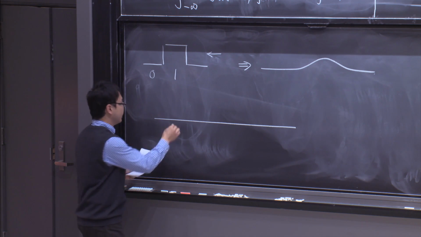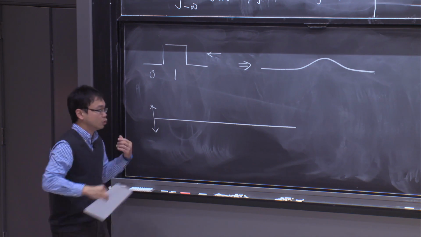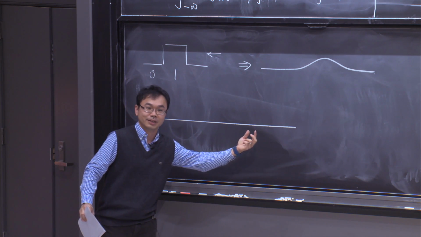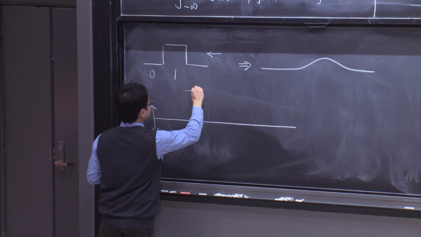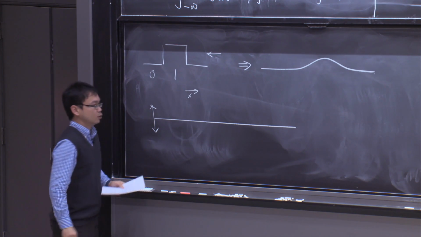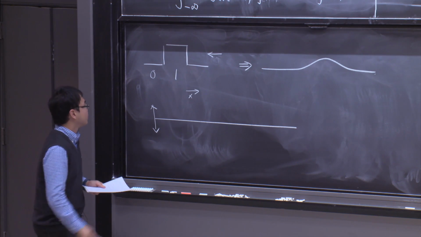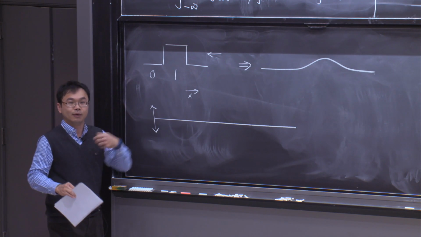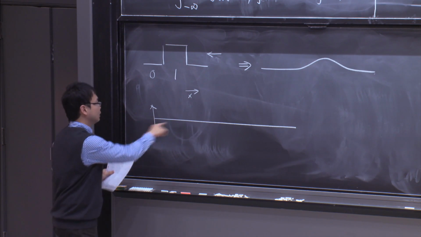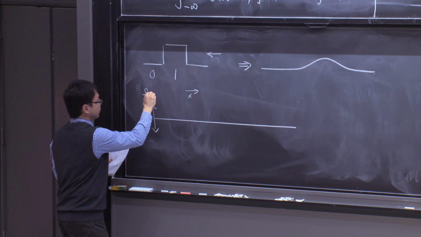Then I can create a pulse which travels along this string toward the positive x direction. I define the x coordinate to point to the right-hand side, and that's the positive direction. I can hold this string and shake it, and I will create a pulse on this medium, which is a string with a constant tension.